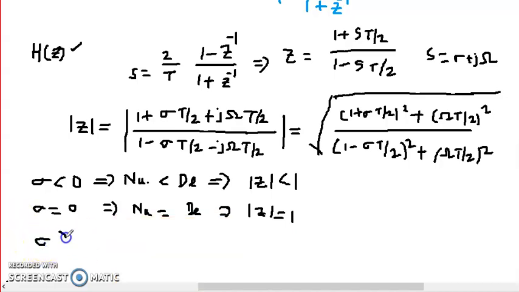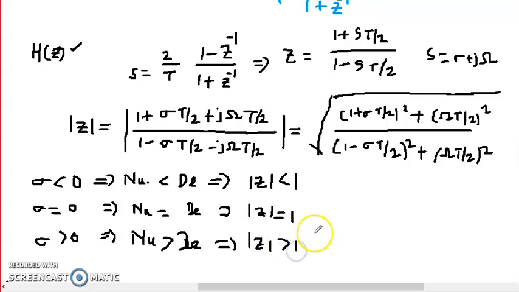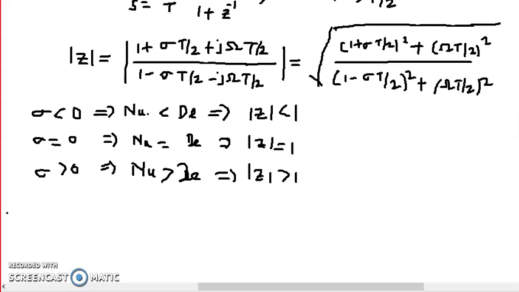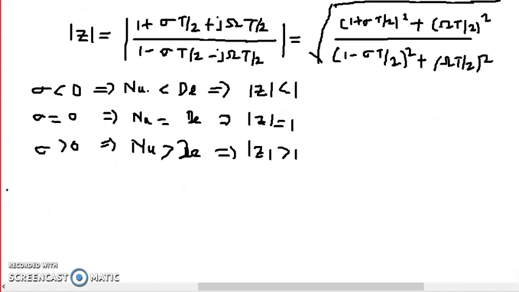And if sigma is greater than 0, this will lead to the numerator being greater than the denominator, and this will lead to mod of z being greater than 1. So this is how s and z will be related under the bilinear transformation.